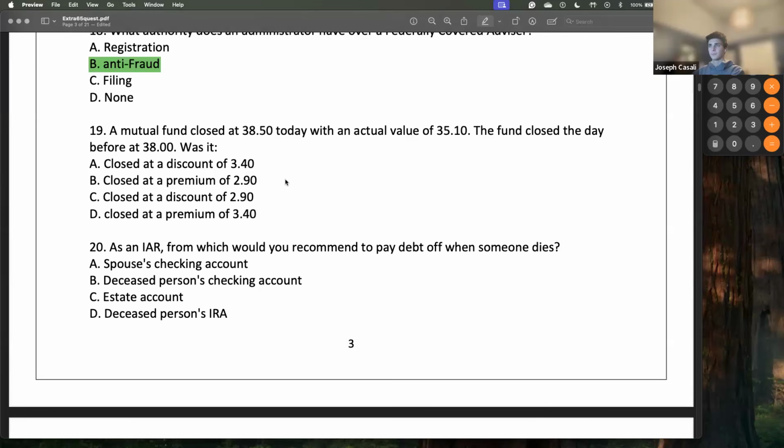A mutual fund closed at 38.50 today. Its NAV was 35.10. The fund closed the day before at 38.